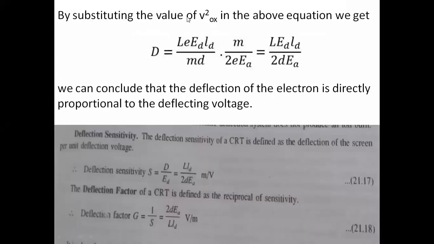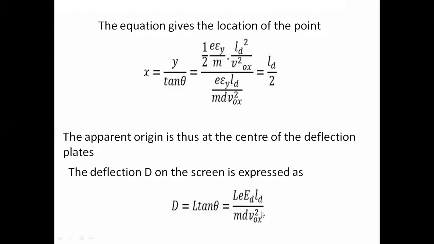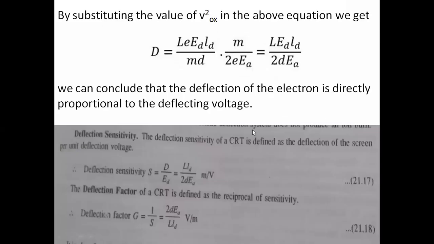By substituting the value of V naught of x, the velocity of the electrons entering the deflecting plates along the x-axis, which was obtained in previous equations, we get the square root of m by 2e into capital EA.